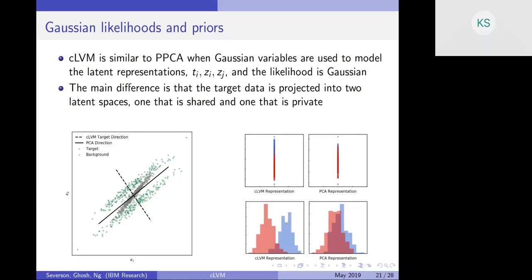If we go back to the two-dimensional example I showed before, we can see that when we project our green target points of interest onto the PCA direction, we get the representation shown here on the right. We're in a two-dimensional space, so we can really only project into a one-dimensional space, and we see that that representation is completely overlapping.